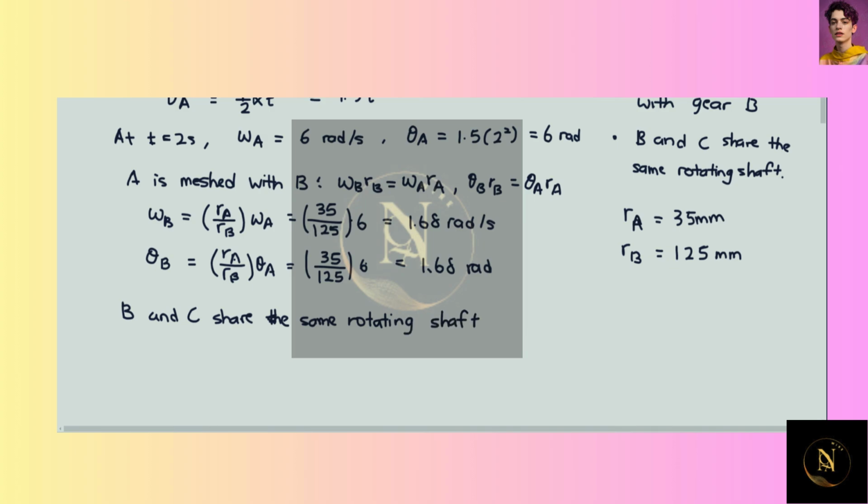Okay, so this means that omega C is equal to omega B, which is 1.68 radians per second, and then theta C equals to theta B equals to 1.68 radians. Okay, so this is the answer for omega C, and then this is the answer for theta C.